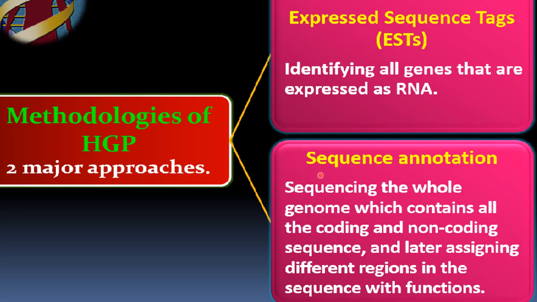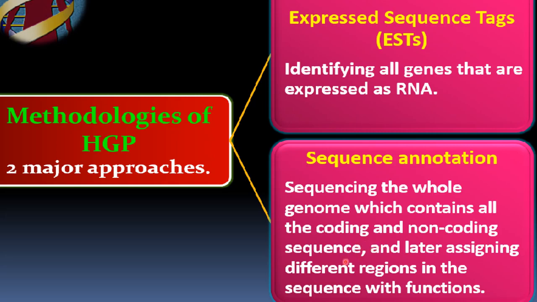The second approach is sequence annotation. In sequence annotation, what is done? Sequencing the whole genome, which contains all the coding and non-coding sequences. As you know, in the human genome, coding and non-coding parts are present. In DNA, exons and introns are present. So here the whole genome is sequenced, either coding and expressed in the form of RNA, or not expressed in the form of RNA.